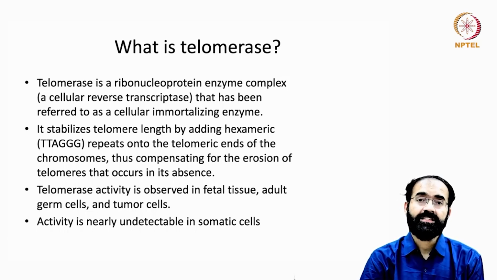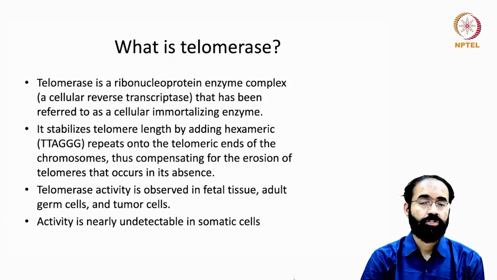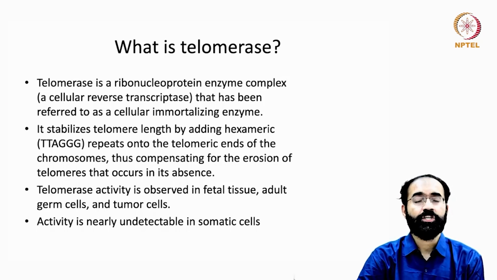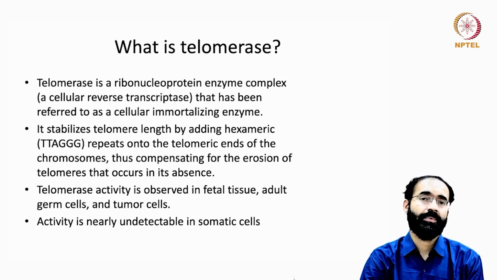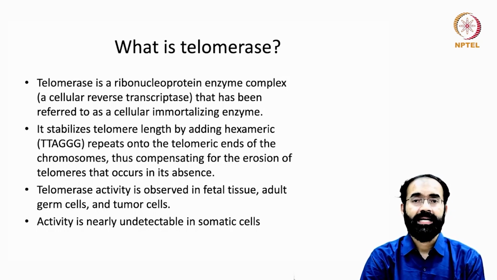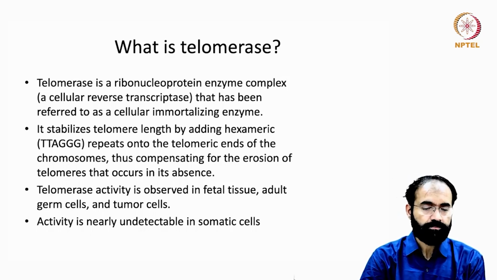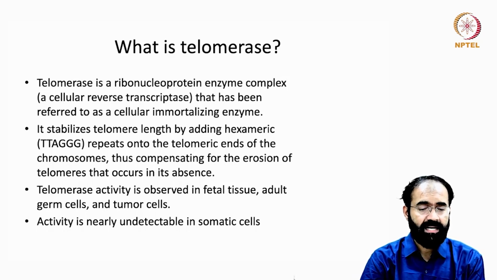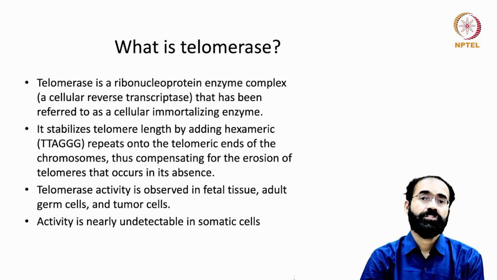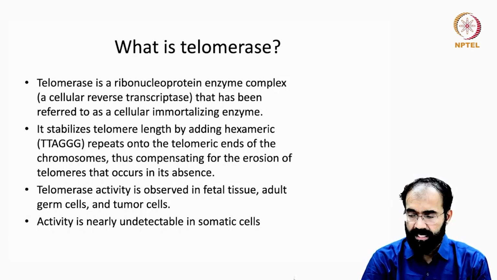So telomerase activity is restricted to fetal tissues and adult germ cells, because you have to produce germ cells to donate to the next generation, and the tumor cells evade the stoppage of telomerase activity in multiple ways. The net result is that telomerase activity is pretty strong in tumor cells, and telomerase activity is nearly undetectable in somatic cells, because somatic cells have a uniform way of erosion of the telomeric ends.